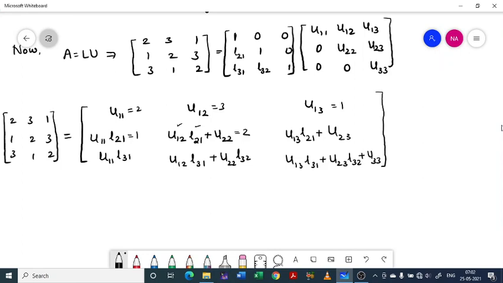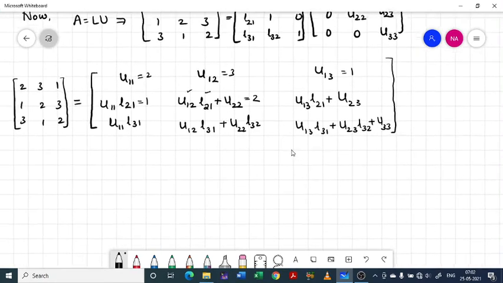Yes, this will be U23. Since you know U13 and L21, determine U23. Similarly, you have to determine all the entries to get L and U. So I will directly write L and U here. I am not going to solve that system of equations.